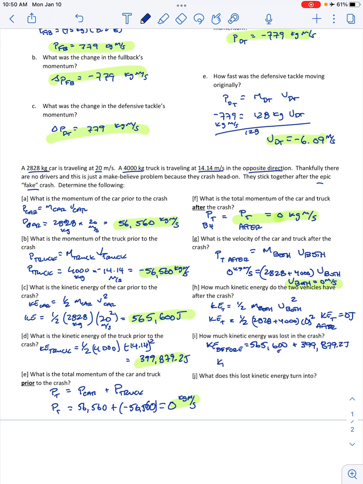So 5,600 plus that other one, we got 405,479.2 joules of energy, and that was lost. So that would be a negative value.